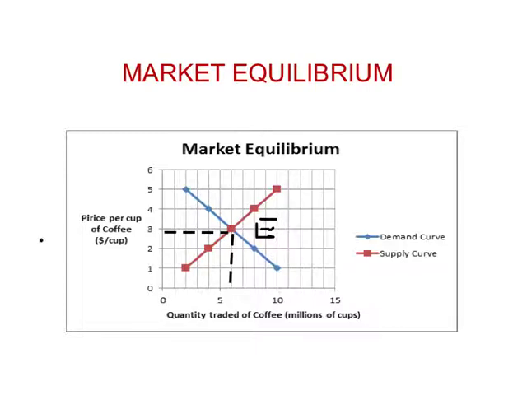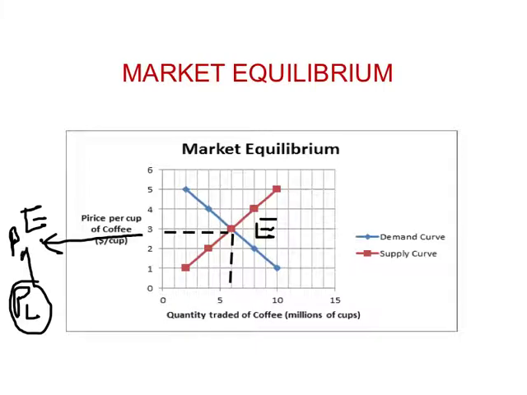Let us call this equilibrium price PE. Now, suppose the economy or the market is not in equilibrium, and suppose the price for the market for coffee is $1 per cup, or in other words, price is lower than the equilibrium price.